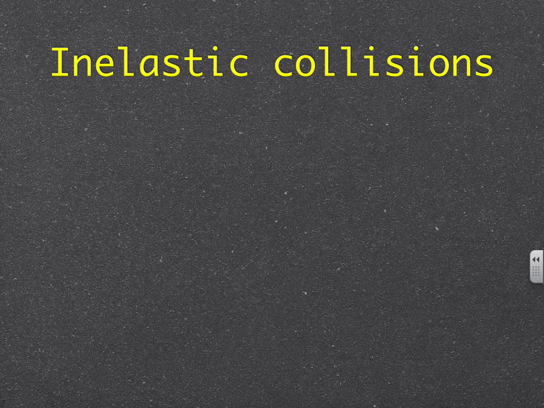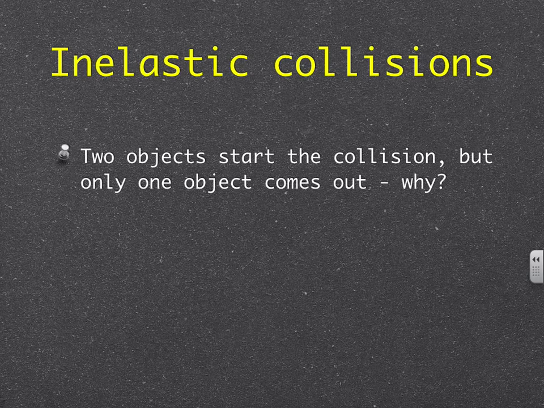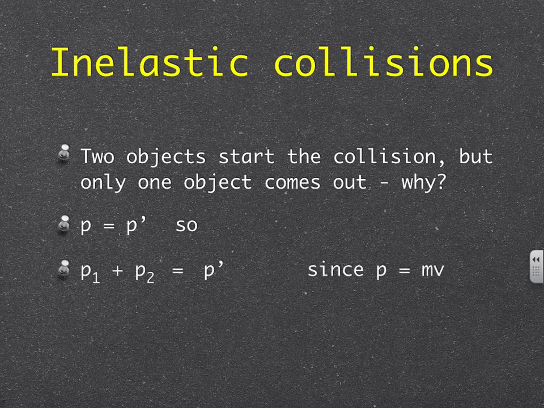Our third type of collision is inelastic collisions, and again, in these they're going to stick together, so we start off with two objects, but we end up with only one because they're stuck together. So again, our P has to equal our P prime. Before we start off with 2, and then we end up with only 1.